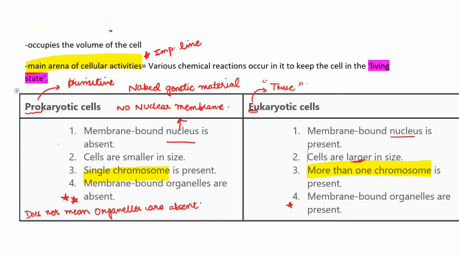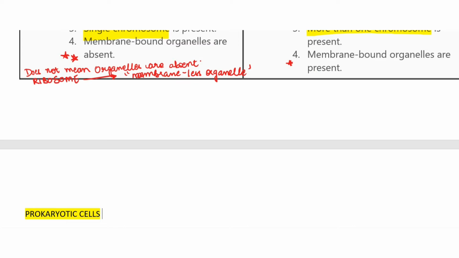Remember, ribosome is an organelle, but it is present in prokaryotic cells. Here I told you membrane bound organelles are absent. It does not mean organelles themselves are absent. Ribosome is a membraneless organelle, so it is present in prokaryotic cells. So organelles which do not have a membrane might be present in prokaryotic cells. Organelles with membrane are not present in prokaryotic cells. So ribosome, a special organelle, is present in both prokaryotic cells as well as eukaryotic cells.